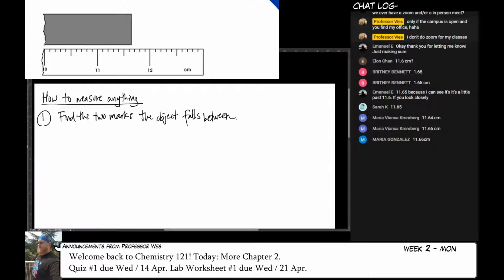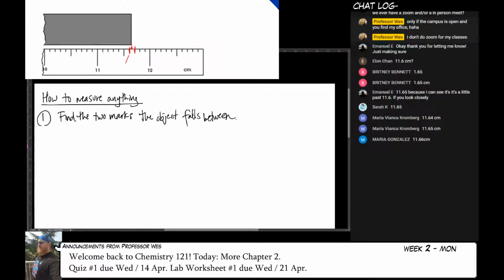All right, so on our ruler here, if I go look at which marks the object falls between, here's my object, so I'm going to draw it straight down onto the ruler. What are the marks it falls between? So that's this one and that one. And I'm going to indicate what those numbers are.